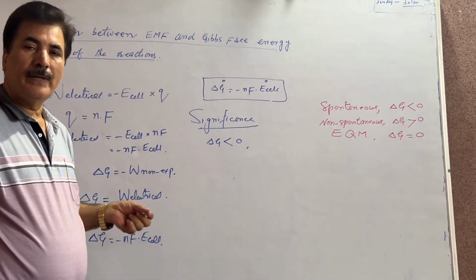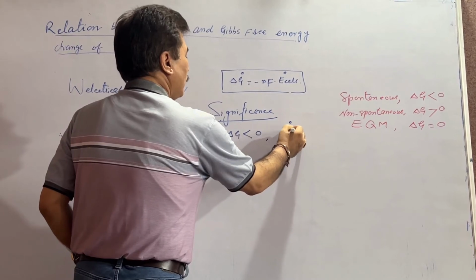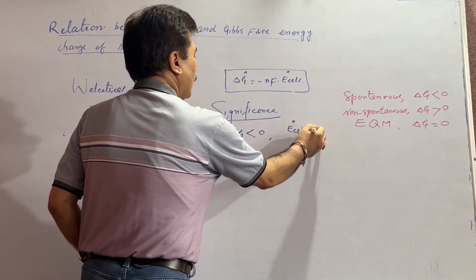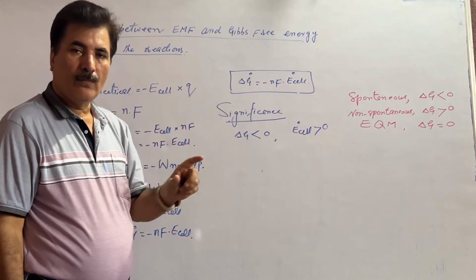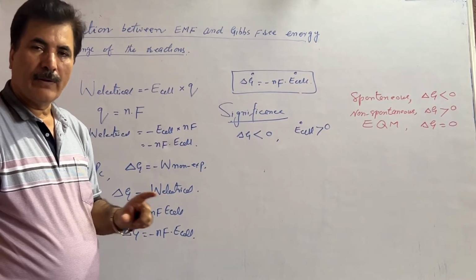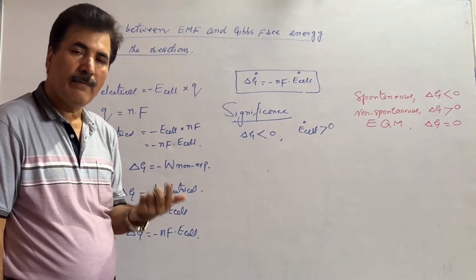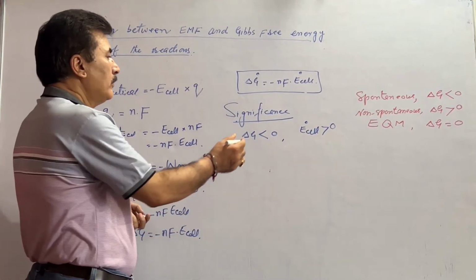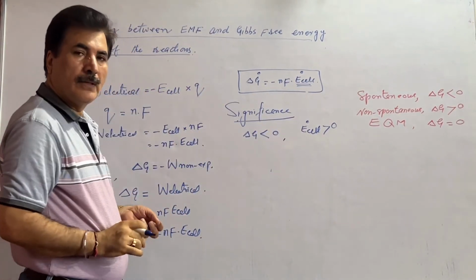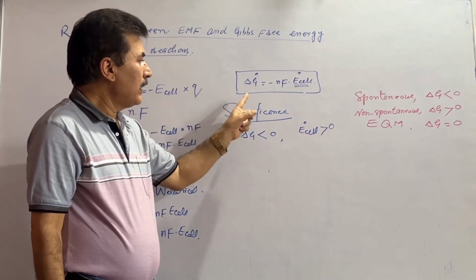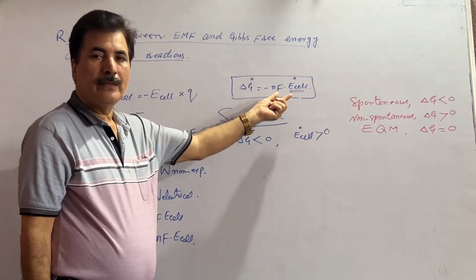Now, delta G will be negative if E naught cell is positive, because n, the number of moles of electrons, can never be negative. F, the charge on 1 mole of electrons, is always positive. Therefore, E cell must be positive for delta G to be negative. Or we can say that the cell reaction is spontaneous if EMF of the cell is positive.